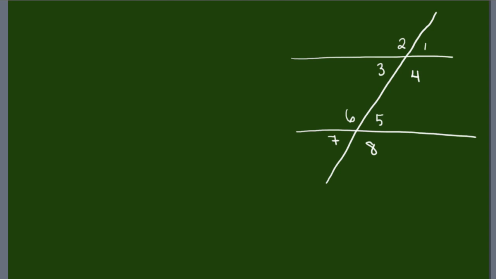And then finally, what I'd like to say is that given two lines that are crossed by a transversal, dividing the plane into these many angles, angles 1, 2, 3, 4, 5, 6, 7, 8, then the following is true.